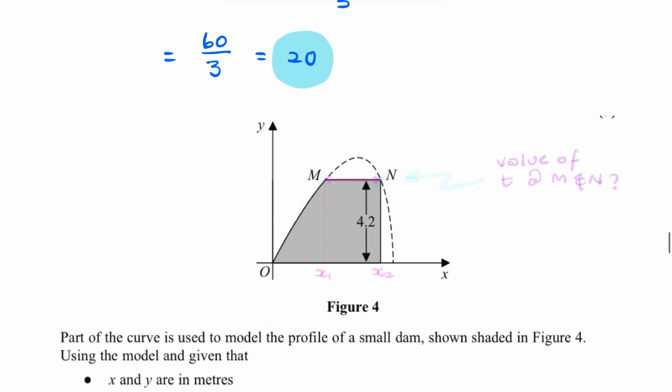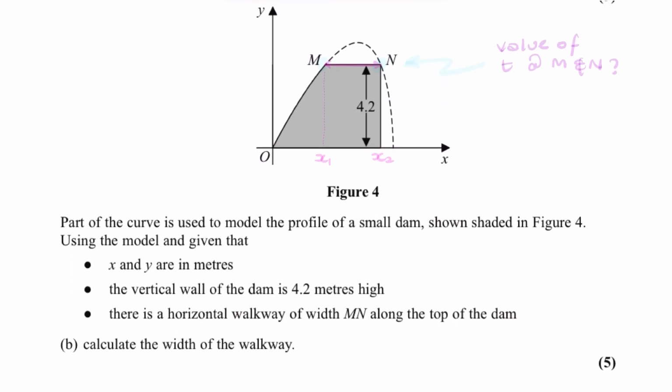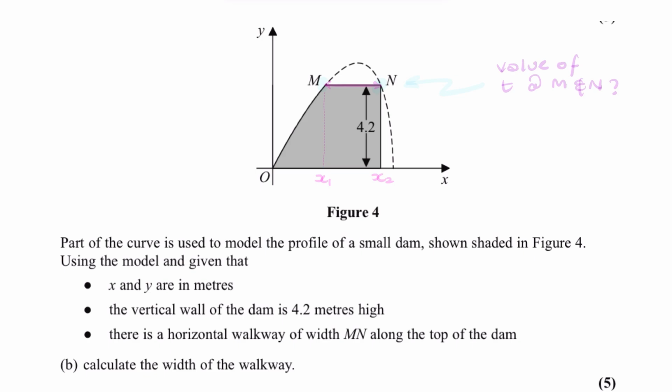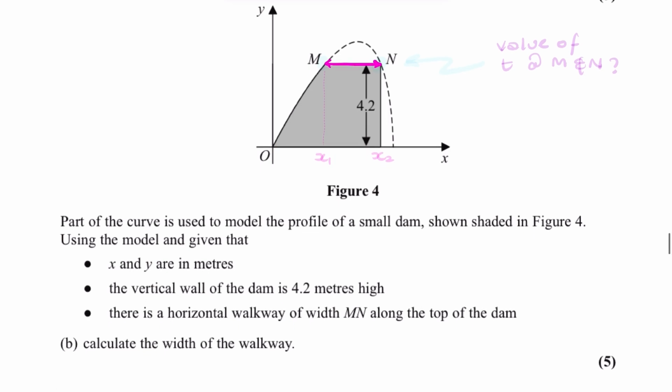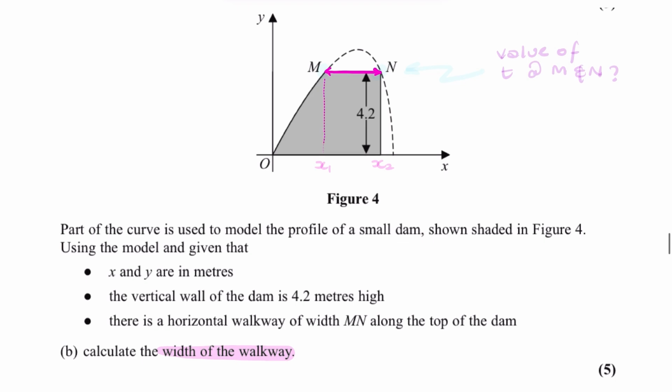Now the question goes on to say that this is the profile of a dam, and there is a vertical wall of height 4.2, and there's a horizontal walkway of width MN, and that's what they are asking us to find, this width MN. So I guess we would need to find the equivalent values for xM, let's call it x1, and xN, let's call it x2.